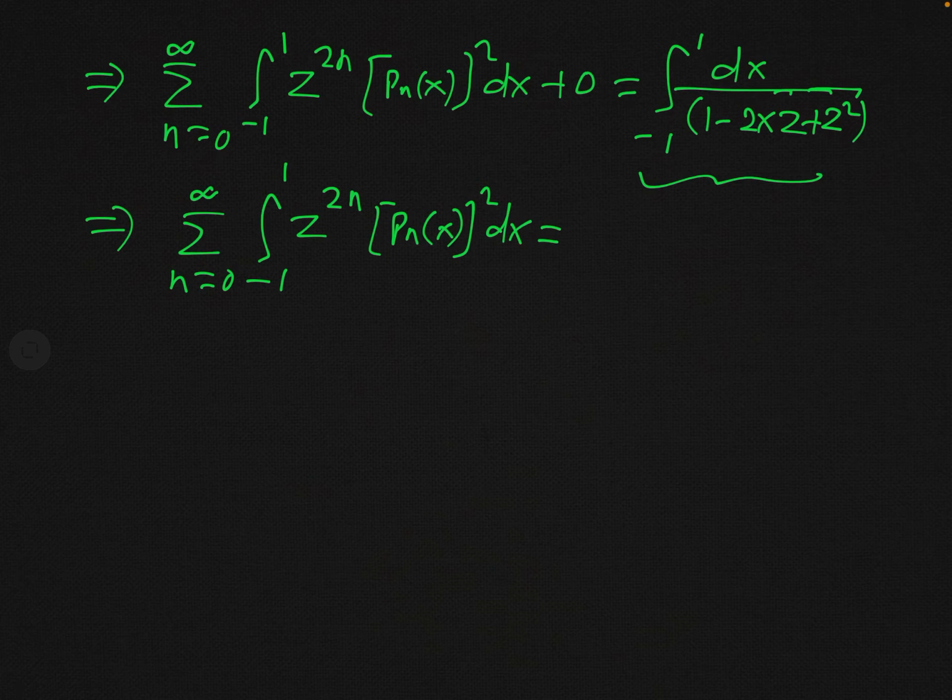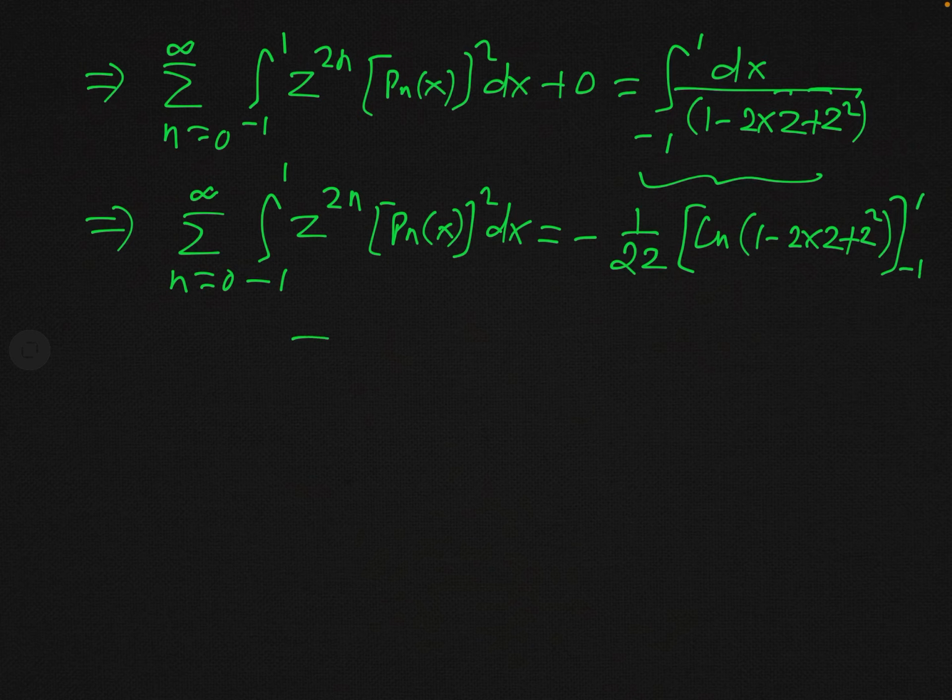In fact, the integral of dx by 1 minus 2xz plus z square is minus 1 over 2z ln of 1 minus 2xz plus z square. This is the integral, and limits are -1 and +1.